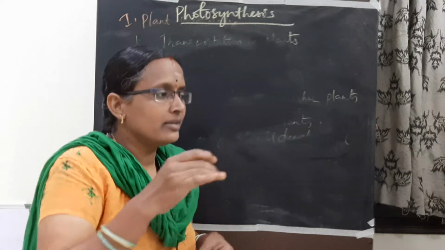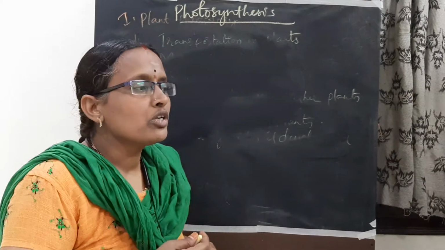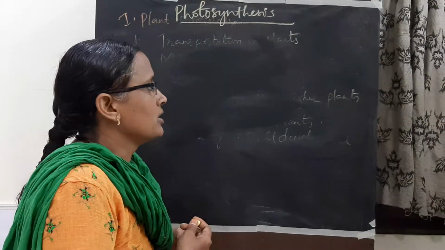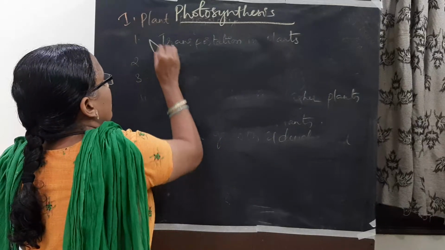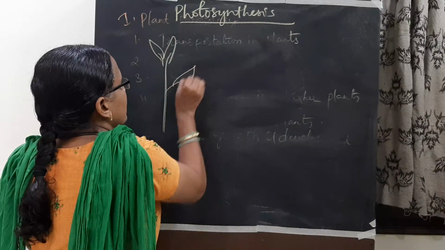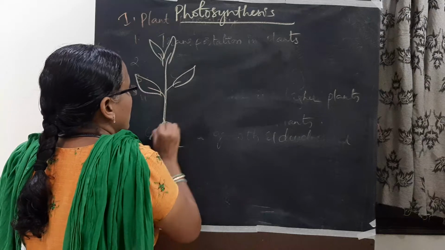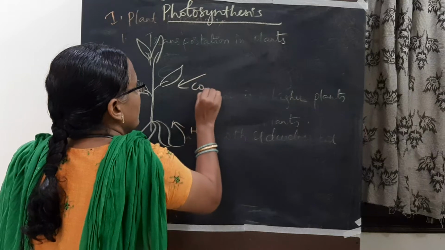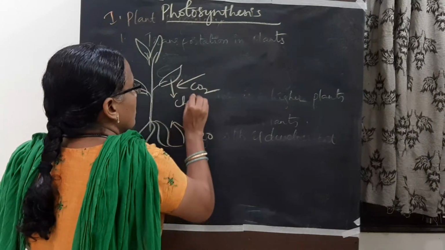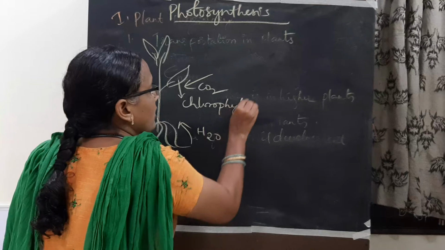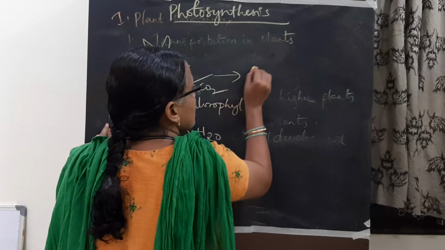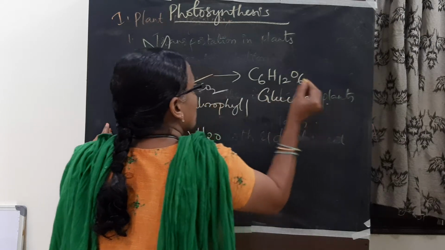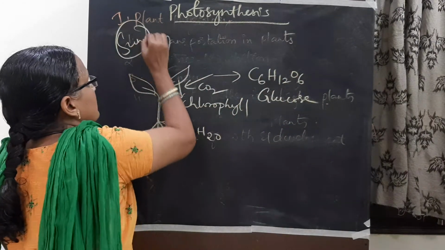If you ask for the simple definition of photosynthesis, they simply say preparation of food material by the plants. But at this stage we say it is the conversion of light energy, solar energy, into chemical energy. Otherwise we can say plants prepare food materials by taking water and carbon dioxide in the presence of chlorophyll. They prepare the complex substance C6H12O6, that is glucose, by using sunlight.